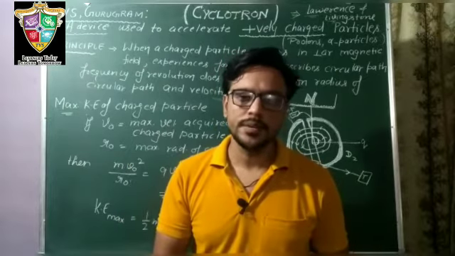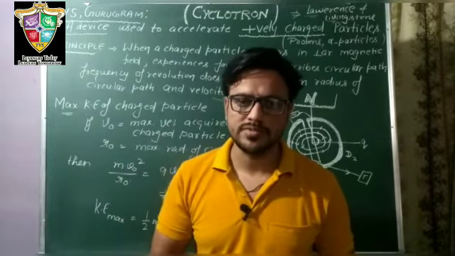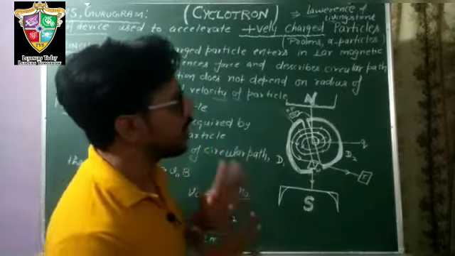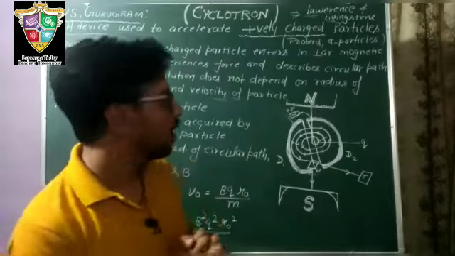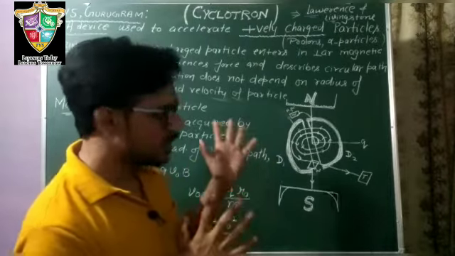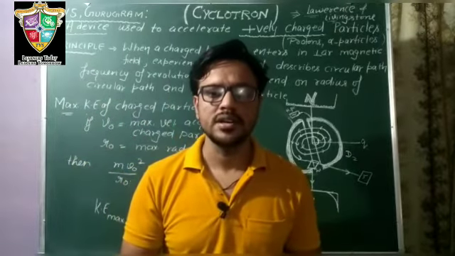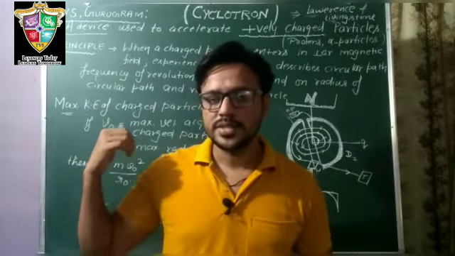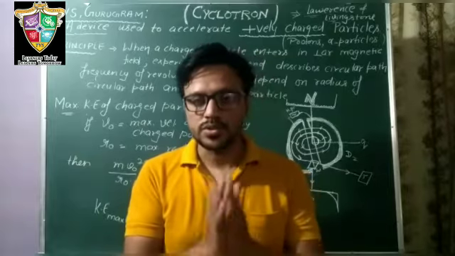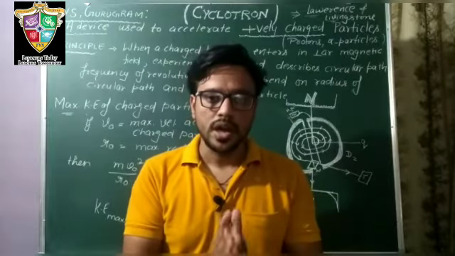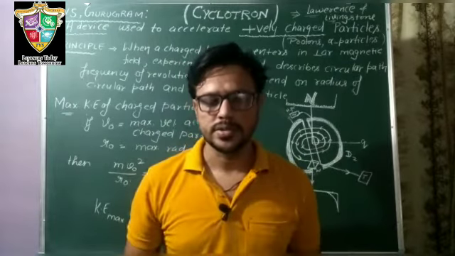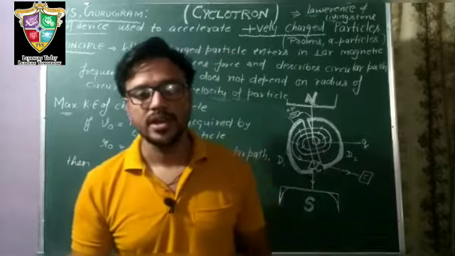Another limitation is that we can't accelerate neutral particles like neutrons. So these are the limitations, and about its uses we discussed earlier. This device is used to accelerate positively charged particles for study, and in various nuclear experiments this device is very helpful.